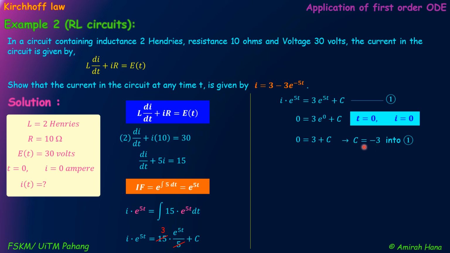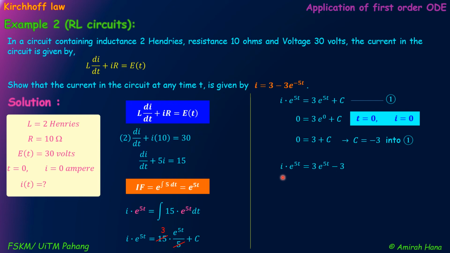Then we can substitute the value of c into equation 1. After we substitute c equals negative 3, we get I times e to the power of 5t equals 3 e to the power of 5t minus 3. I means current. After that, we can write I as the subject to find the current at any time t.